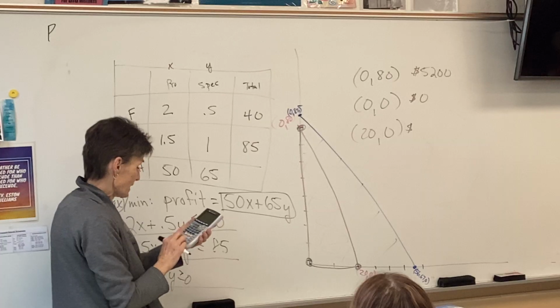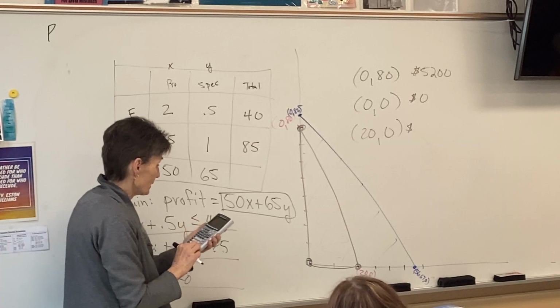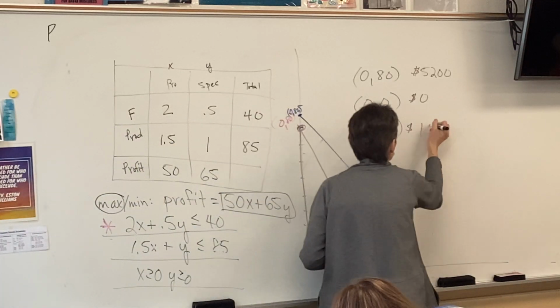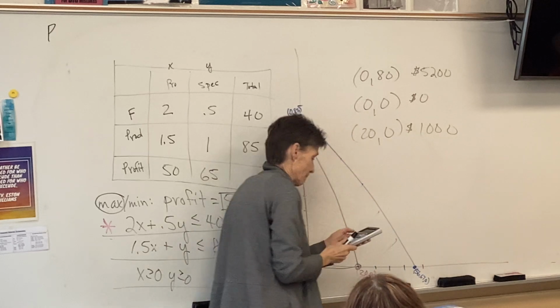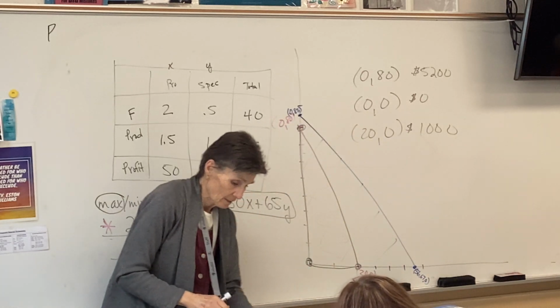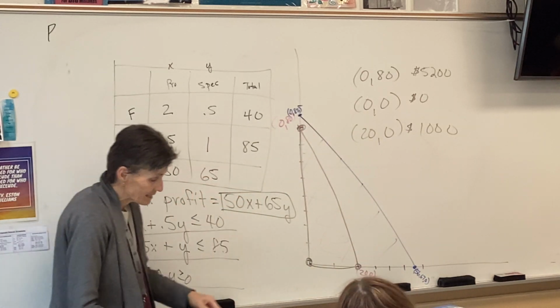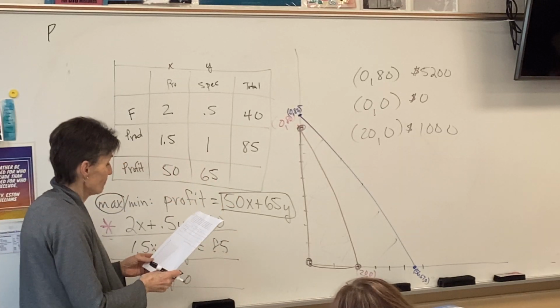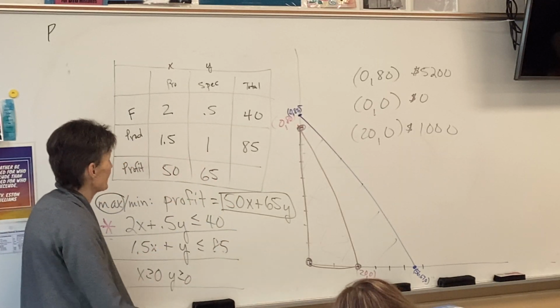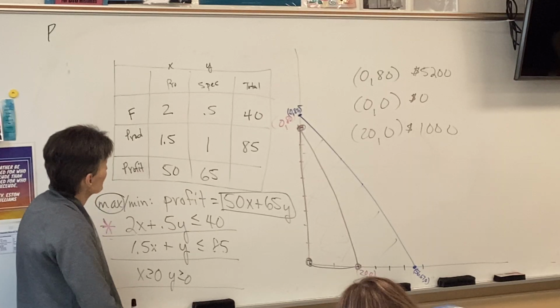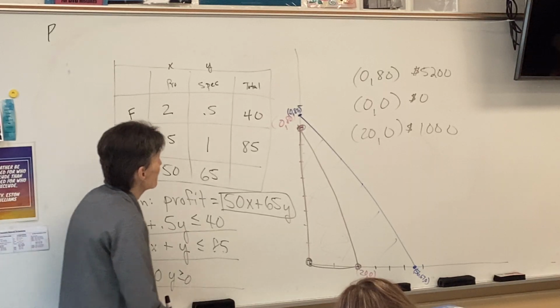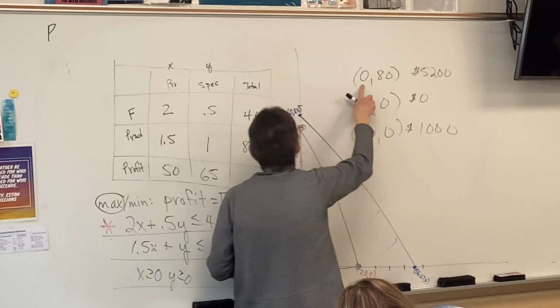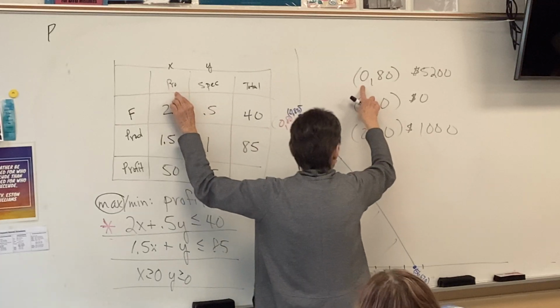All right, 50 times 20 is 1,000. So we have to advise our manufacturer what he should make. So what does it look like he should make? No pro boards.